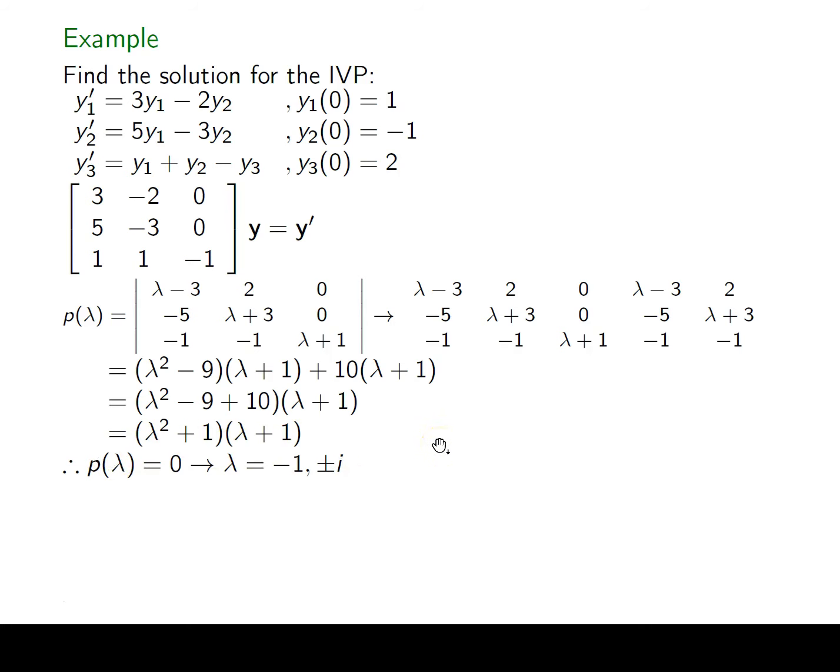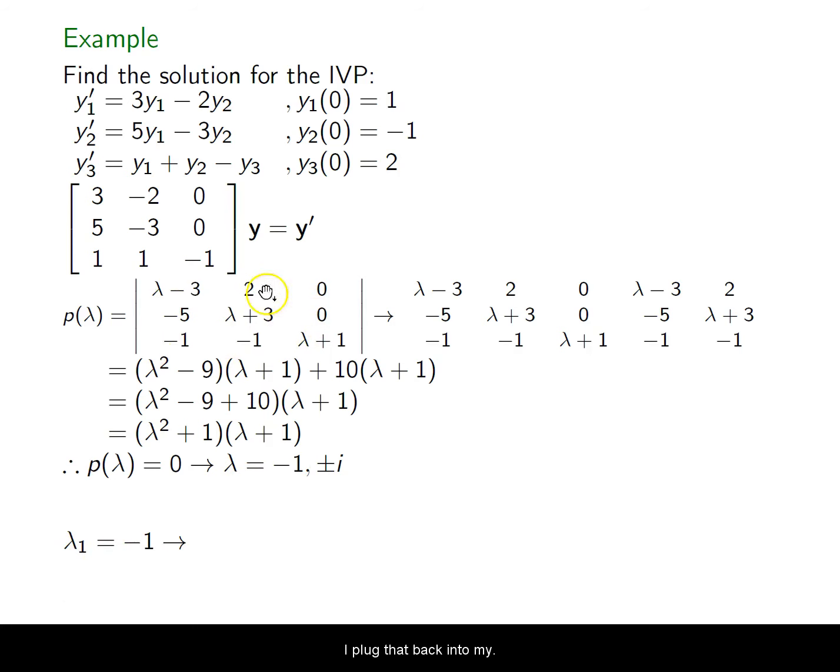Again, remember, I'm not using both of these. I only need one. I use the positive one, which will give me both the solutions I need. And then I have this negative one from here. So I'm only using one of these values. So lambda 1 is negative 1.